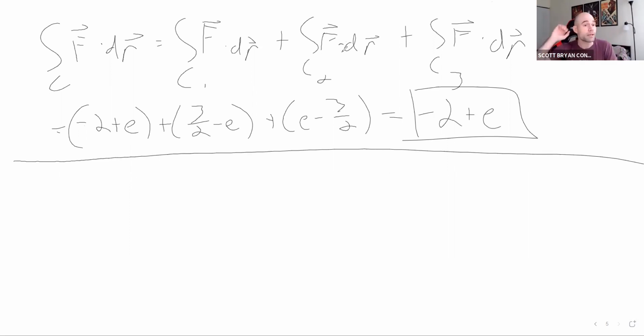So one really important thing I want to mention is how changing orientation affects the integral when you're doing line integrals of vector fields and line integrals of scalar functions.